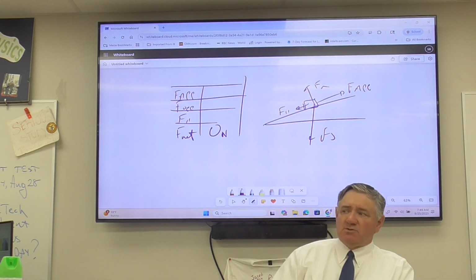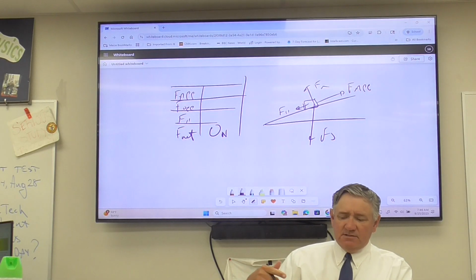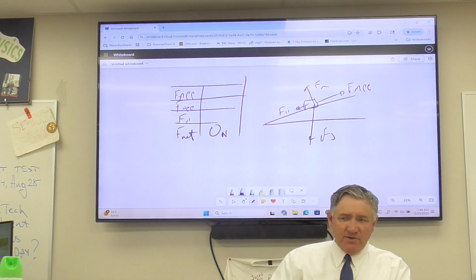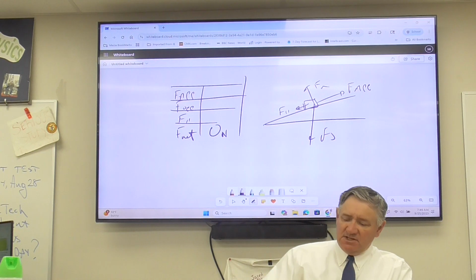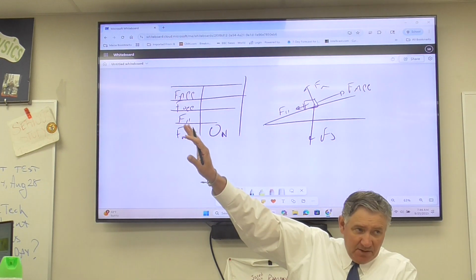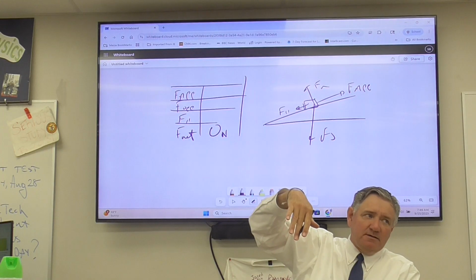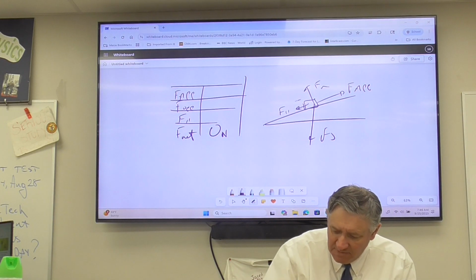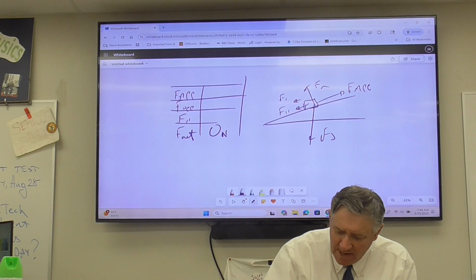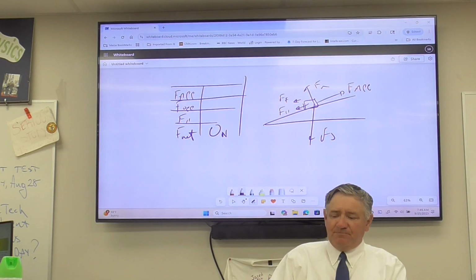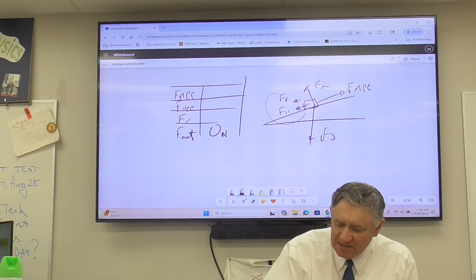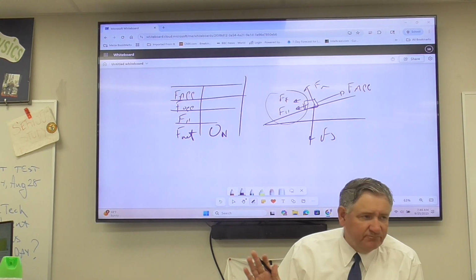So the wild card is, what do you do with the frictional force? Since you're pushing it up the hill, which direction is your force friction going to act? Down the hill. I don't care how you define the system. If you want to stick with these values being negative, fine.